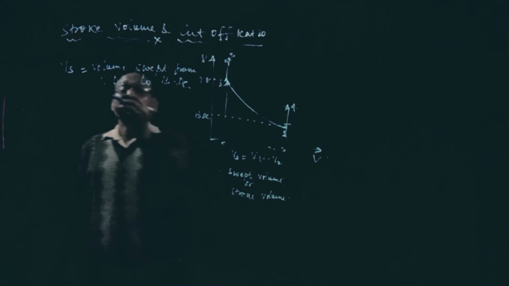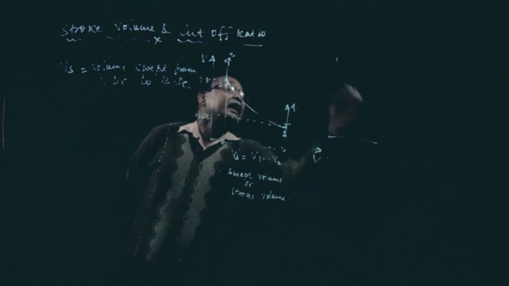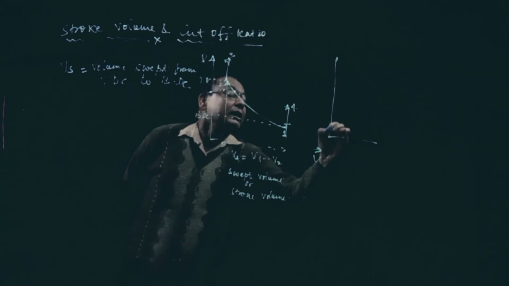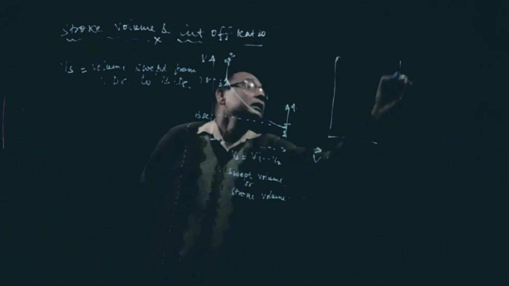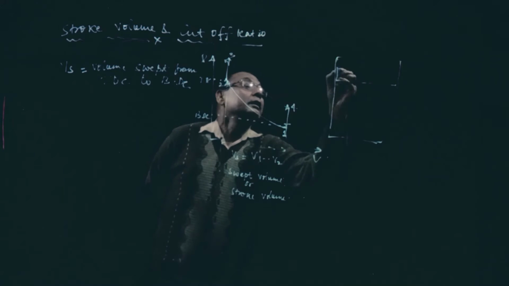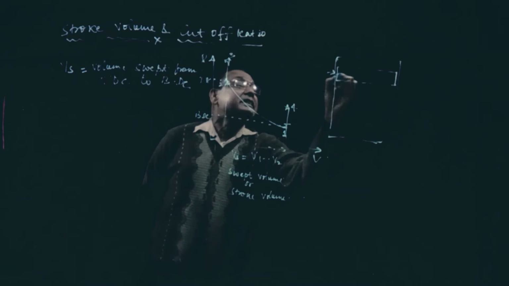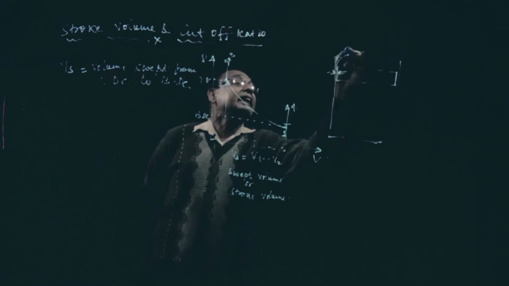Stroke means from TDC to BDC in the cylinder, as I have told you. This space is called clearance volume.